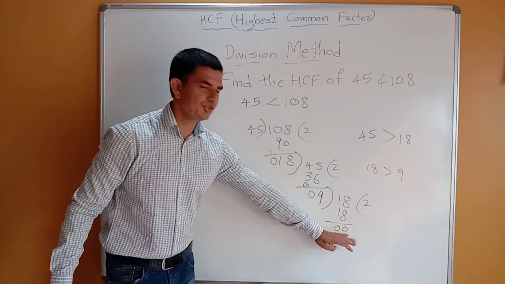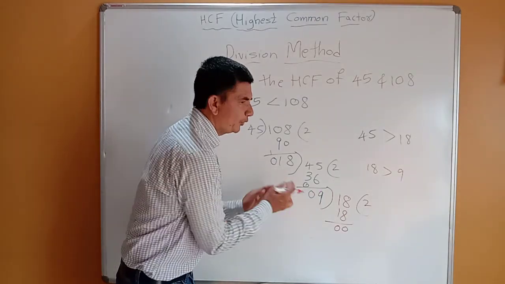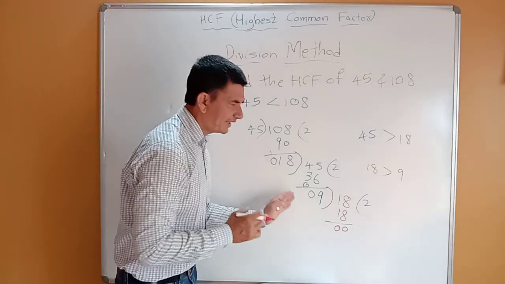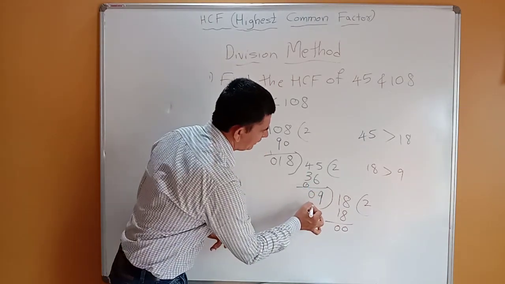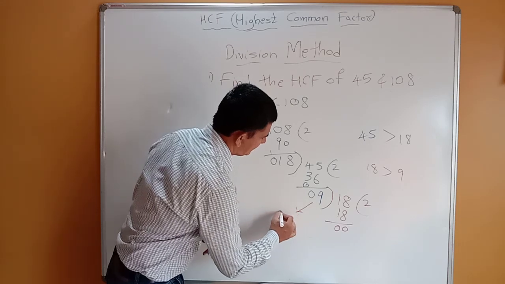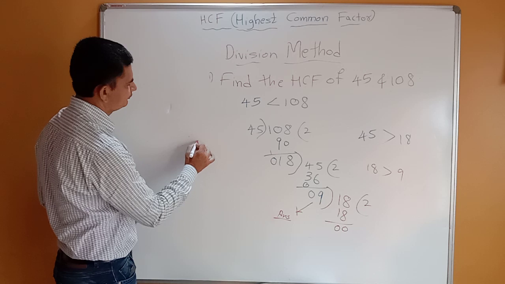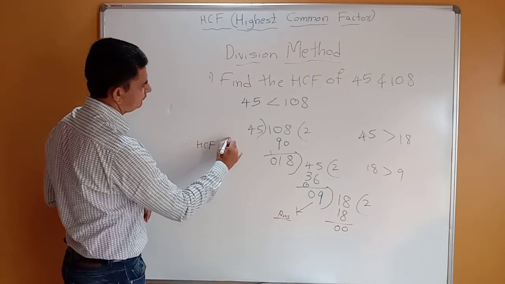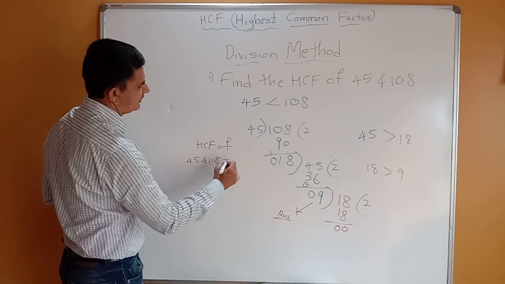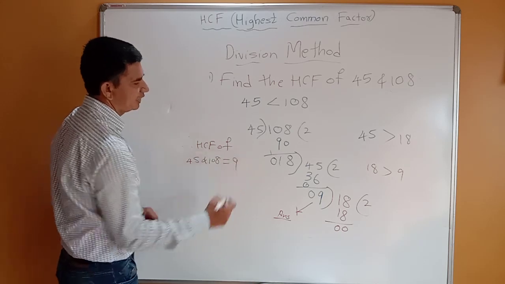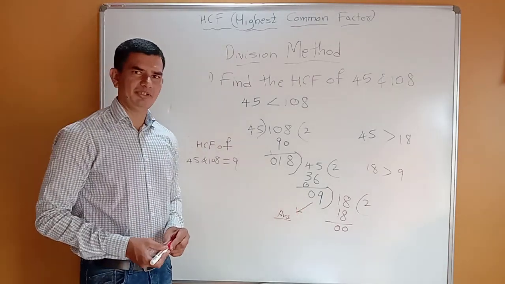If you get 0 as the remainder, then the divisor, the number by which you have divided, is said to be the HCF. This is the answer. Now we can write: therefore, the HCF of 45 and 108 is, what is the answer? How much did you get? 9. This is the division method.